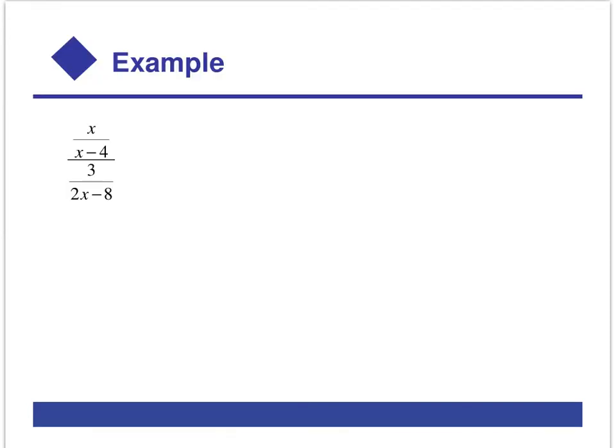Okay? Now, the way I rewrite this is I say x over x minus 4 divided by 2x, divided by 3 over 2x minus 8.